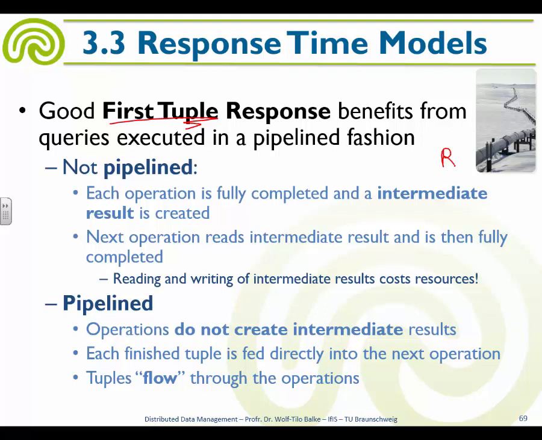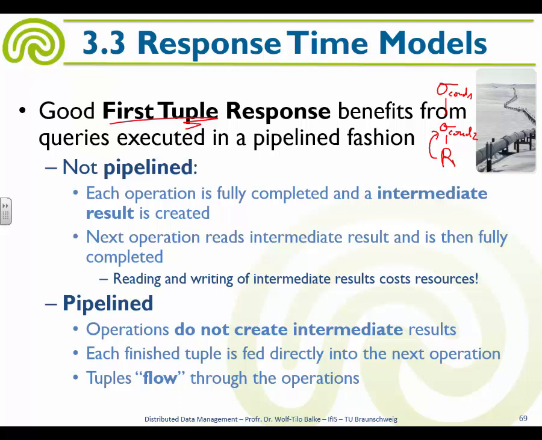So consider, for example, you have data, relation R, and then there's a selection on top of that relation, and then there's another selection with some, here's condition 1, and here's condition 2, or something like that, right? Then the tuple is taken from R and is put into the first selection, right?